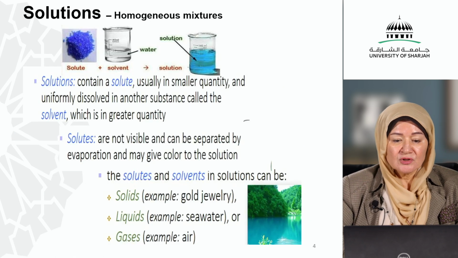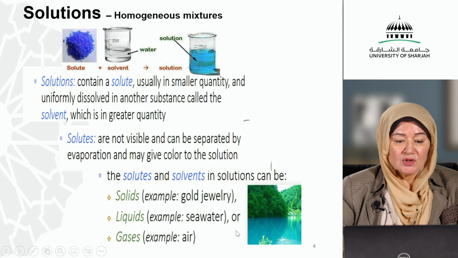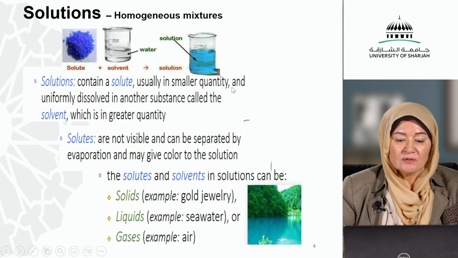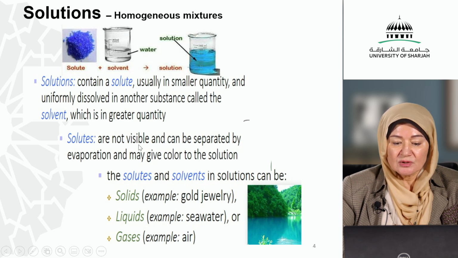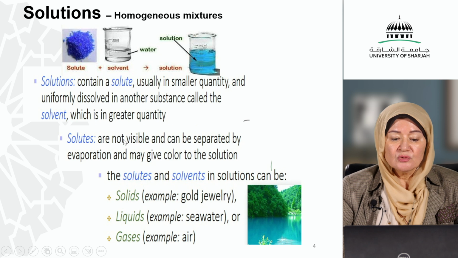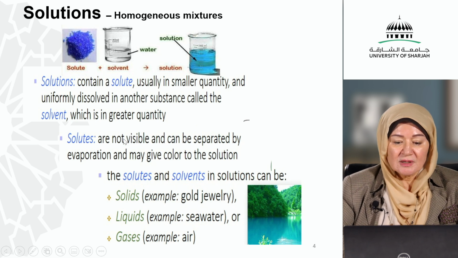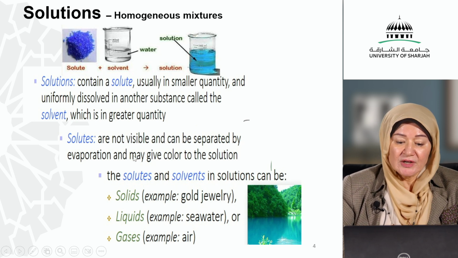I'm still talking about homogeneous mixtures. Solutions can therefore contain a solute, usually in smaller quantity, uniformly dissolved in another substance called the solvent, which is in greater quantity. Solutes are not visible, can be separated by evaporation, and may give color to the solution.